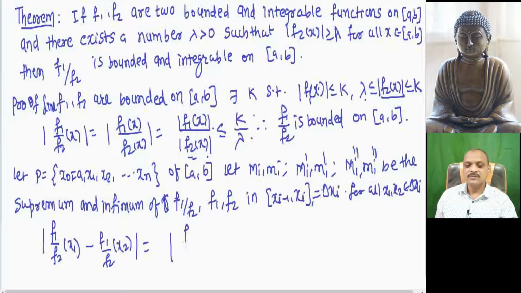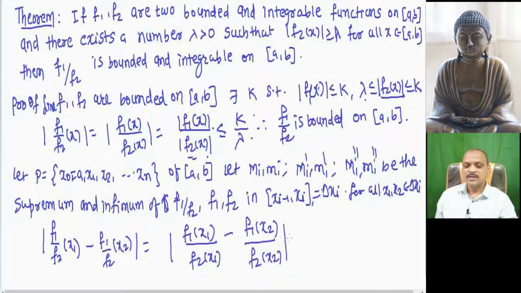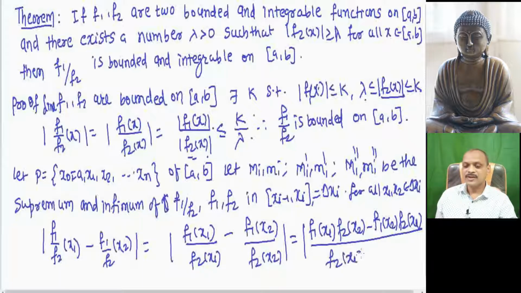This is f1 x1 divided by f2 x1 minus f1 x2 divided by f2 x2. Okay, this gives us f1 x1 into f2 x2 minus f1 x2 into f2 x1 divided by f2 x1 into f2 x2. Okay, now see the numerator of this.